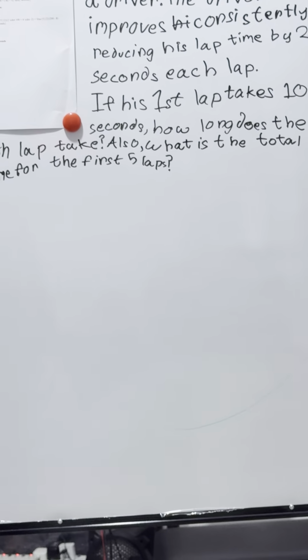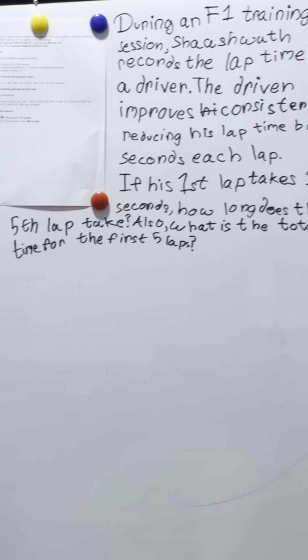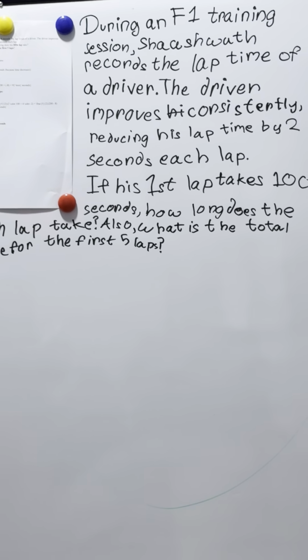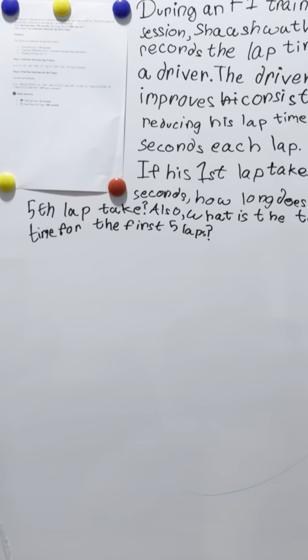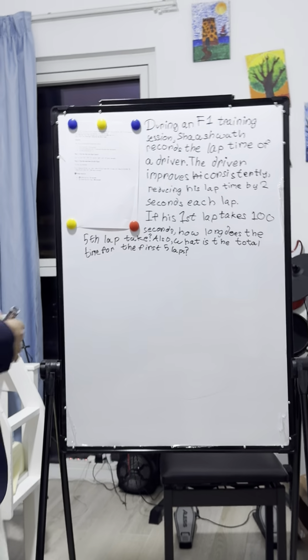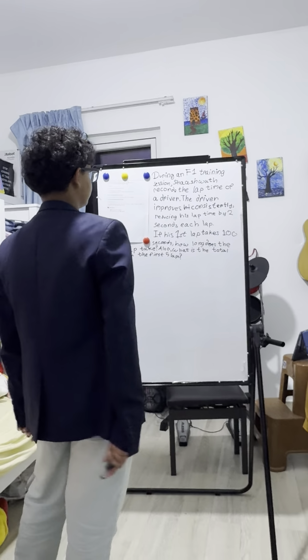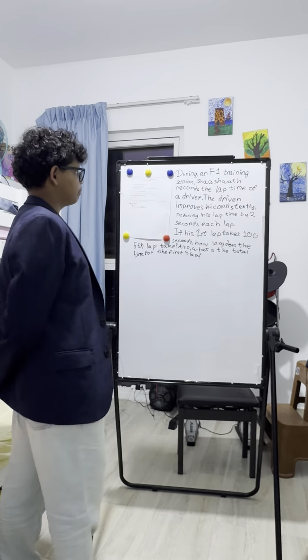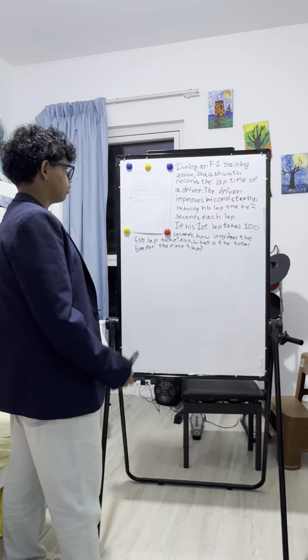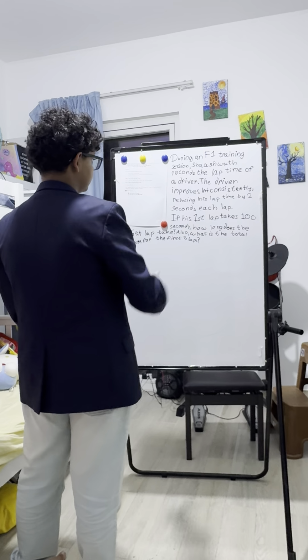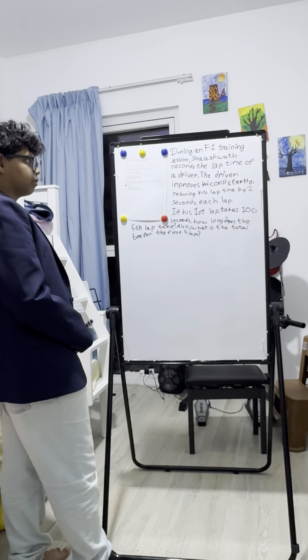Okay, I'm pretty sure you'll be confused if I just throw a word problem at you. So let's pluck the main data out and see what we're given. During an F1 session, Shashwat records the lap time of a driver. The driver improves his speed continuously, reducing his lap time by 2 seconds each lap.